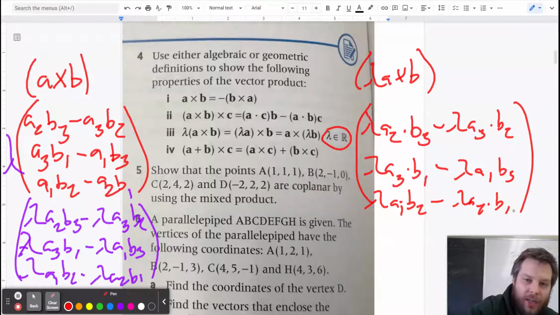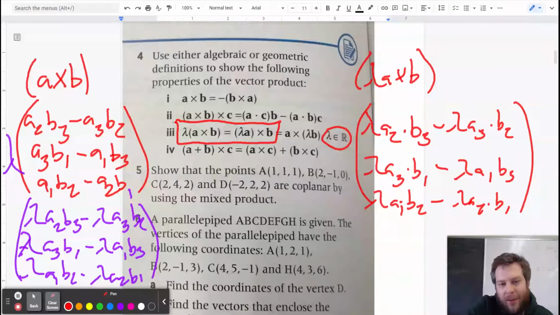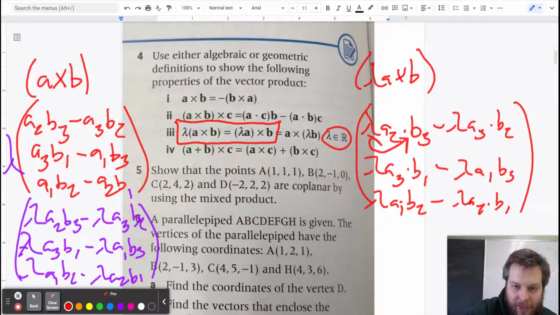So we just proved that lambda times A cross B is equal to lambda A crossed with B. And then all you have to do to complete the second proof is notice that I can commute the lambda with the A component.